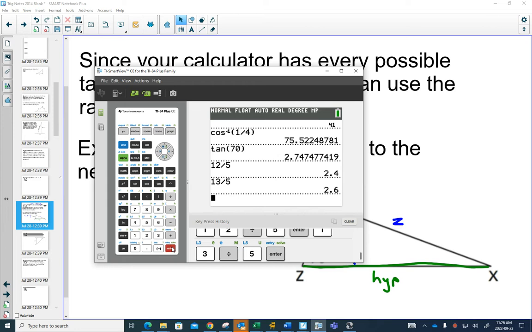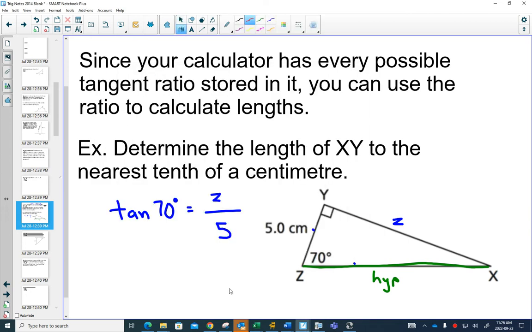I'm getting closer. Now, we don't want to guess and check like this over and over again. We can use our algebra. Our algebra says, if I want to get this all by itself, I times both sides by 5. That would cancel out on the right-hand side, and I would just get z is equal to 5 times tan 70.